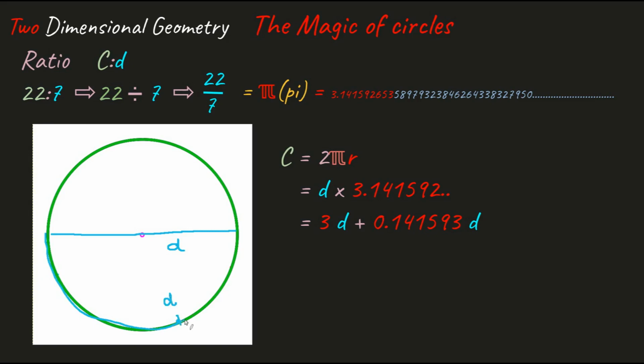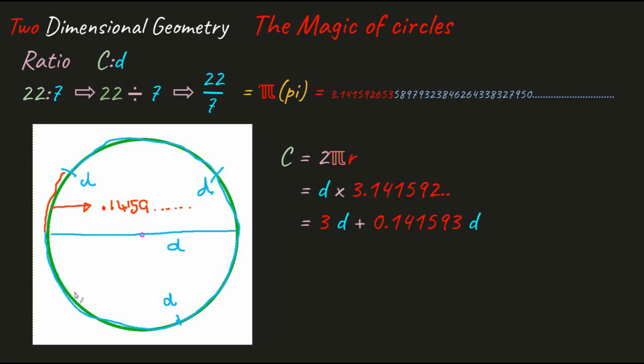You lay it around again, and that's 2 diameters, and a third one makes 3 diameters. Then you measure that little bit that's left. You'll find out that it is 0.1415, etc. diameters.